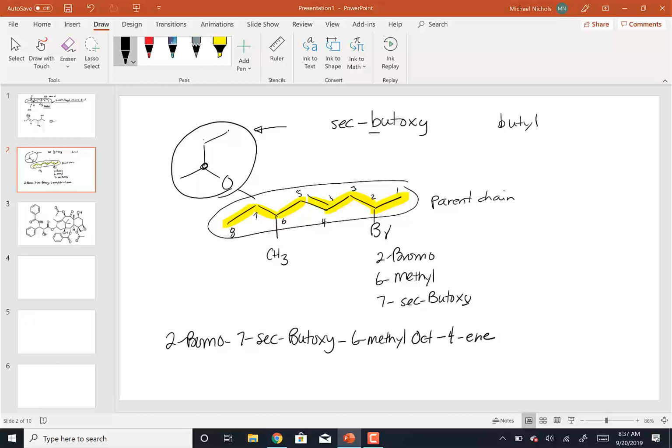Now we've got to deal with the cis and trans after we get to that point. So then H and H, this is the trans stereoisomer. So it's trans-2-bromo-7-sec-butoxy-6-methyl-oct-4-ene.